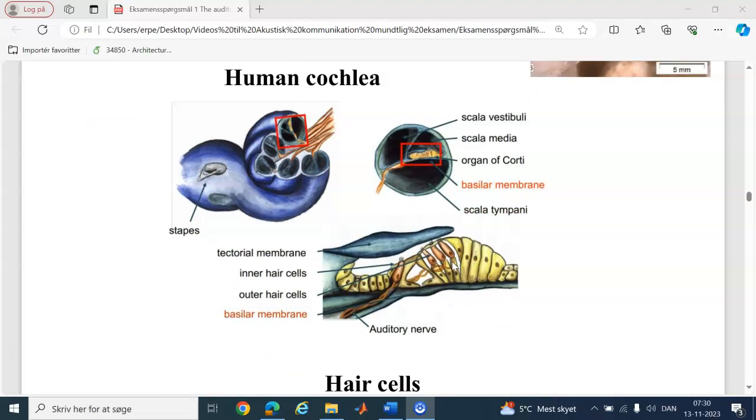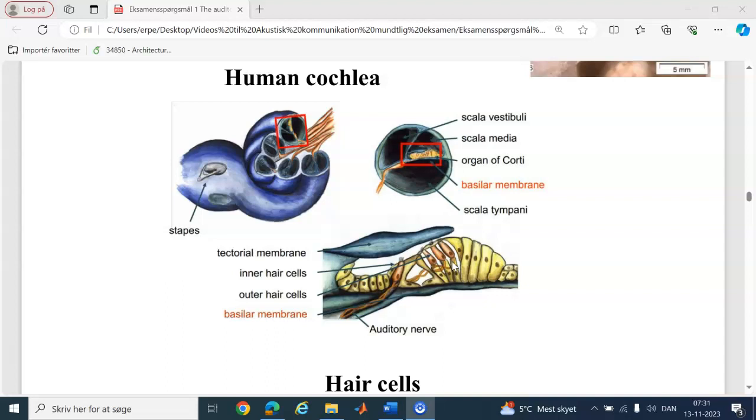There are some important things going on in the cochlea. You can say there's an organ of Corti, and we have three liquid-filled spaces: the scala vestibuli, scala media, and scala tympani. The basilar membrane is situated between the media and tympani.